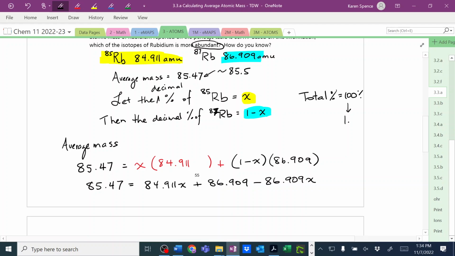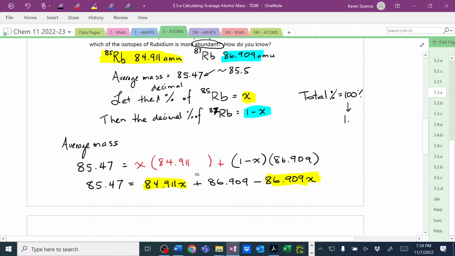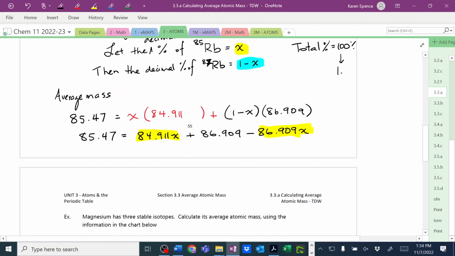And then I'm going to combine my x terms. Should have left myself more room, but I didn't. So I'm going to combine my x terms. That is 84.911 minus 86.909.